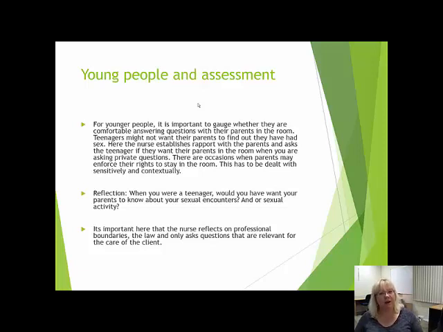But there's times as well where a teenager might seek advice about sexual health, and particularly in the video about Taylor in the adolescent section of this module, it's a very excellent example about how to assess a teenage client who's below the age of consent, and there's some discussion around what the laws are around that. But when the parents want to stay in the room, this has to be dealt with very sensitively and contextually as to what's going on in those family dynamics.